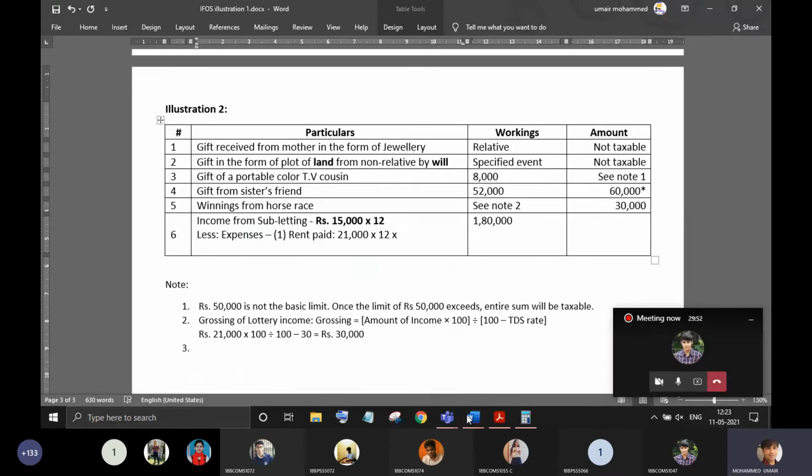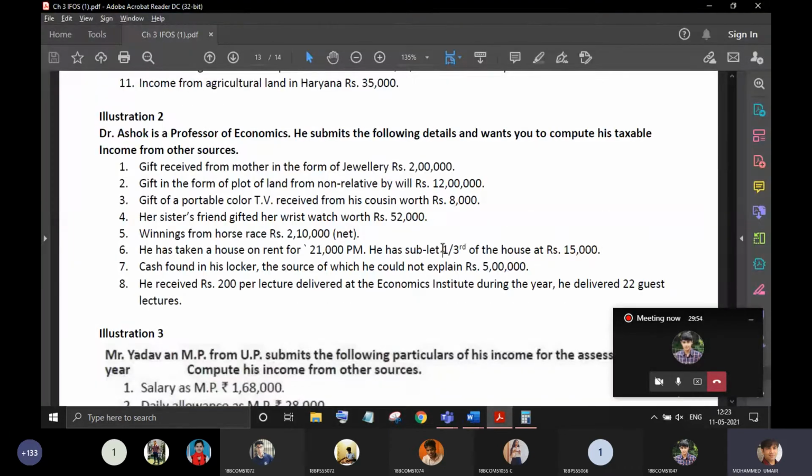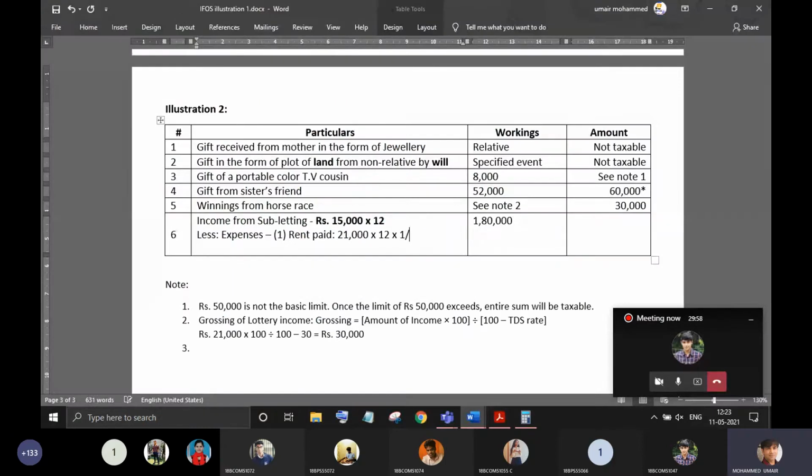What is the proportion of subletting? 1/3. So we have to allow all the expenses in the proportion of subletting. If the entire house is sublet, then we don't apply the proportion. But if a part of the house is sublet, then we apply the proportional amount, which in this case is 1/3.